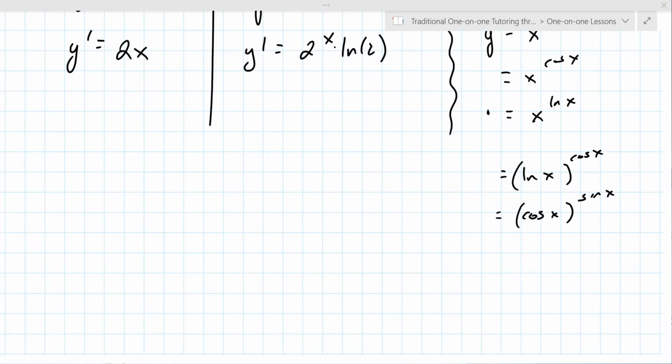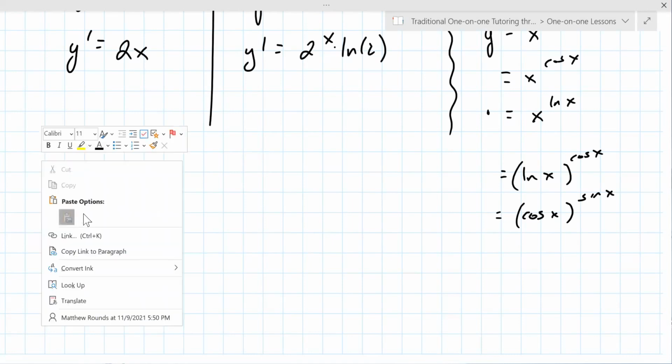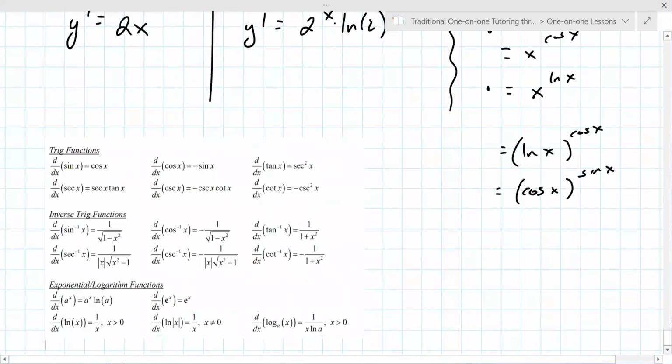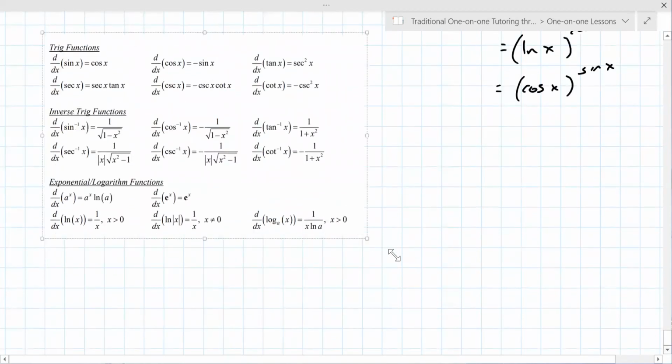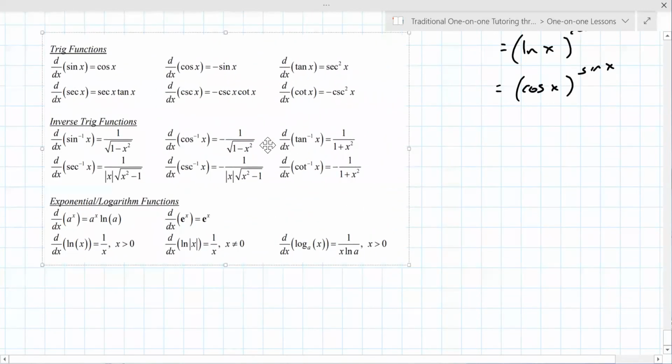So basically, if any of these are in the exponent, let me snip these in. That's really what, when you're looking, you're like, oh, okay, we got a problem here. But it really needs to be in both. It needs to be both in the base and the exponent. Anytime you see any of these things in both positions, you're gonna do logarithmic differentiation.